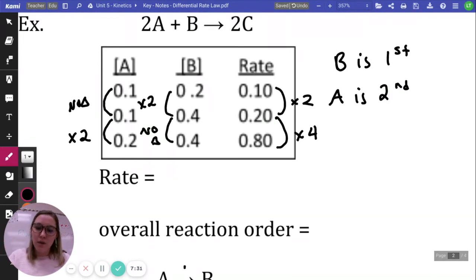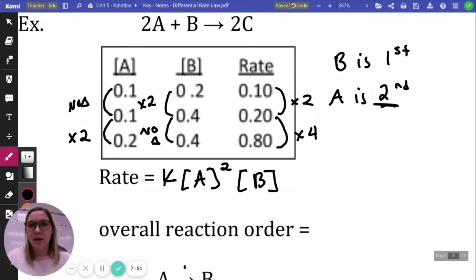So then we can write our rate law, and it follows the same general form. We always have our rate constant k, times the concentration of A to its order. Since A is second order, it's the concentration of A squared, times the concentration of B to its order. Since B is first order, we don't have to write it, as ones are assumed.